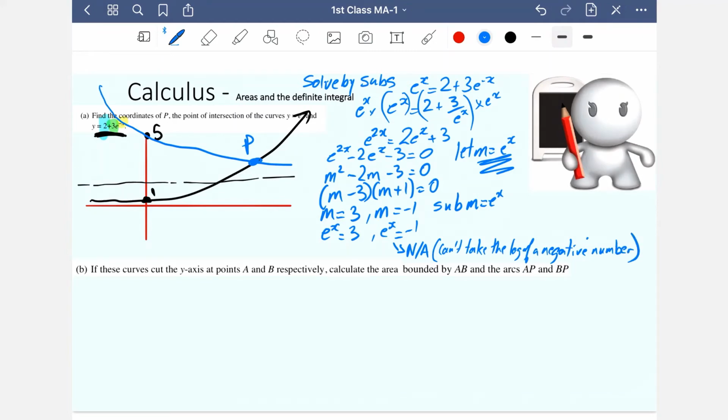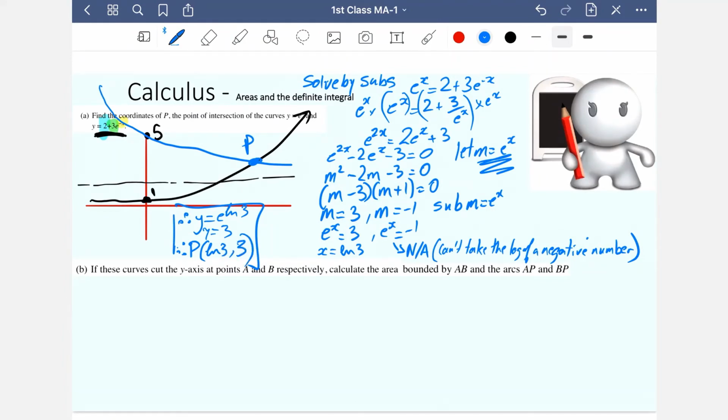And over here, well, you need to take the log of both sides, so you're going to get x is equal to the log of 3. Alright, so therefore y would equal e to the power of x, and x is equal to the log of 3, so y will equal 3. So we're just substituting for the value of y, so therefore p is the log of 3 and 3.